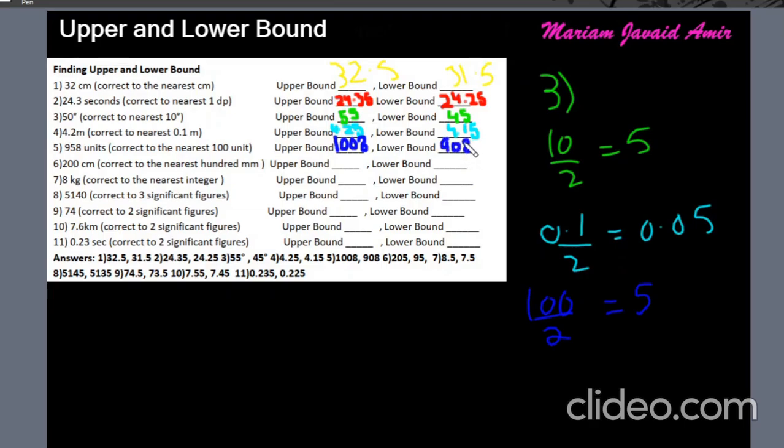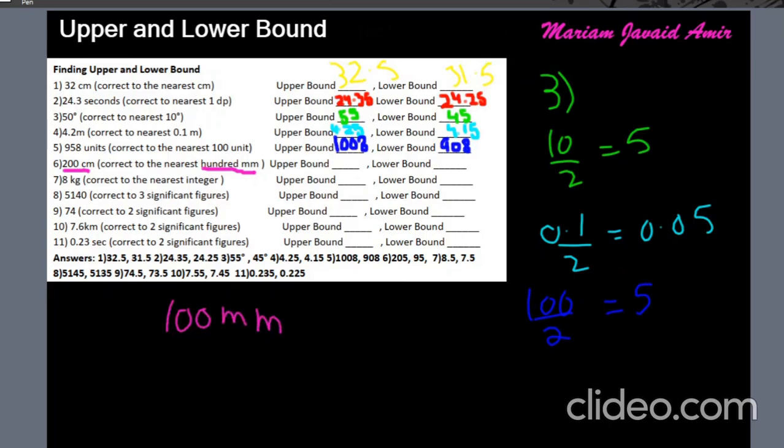Next up is 200 centimeter correct to the nearest 100 millimeter. So now there is a conflict in the unit. This one is in centimeters and this one is in millimeters. So first we'll make the units the same. Let's change 100 millimeters to centimeters first.